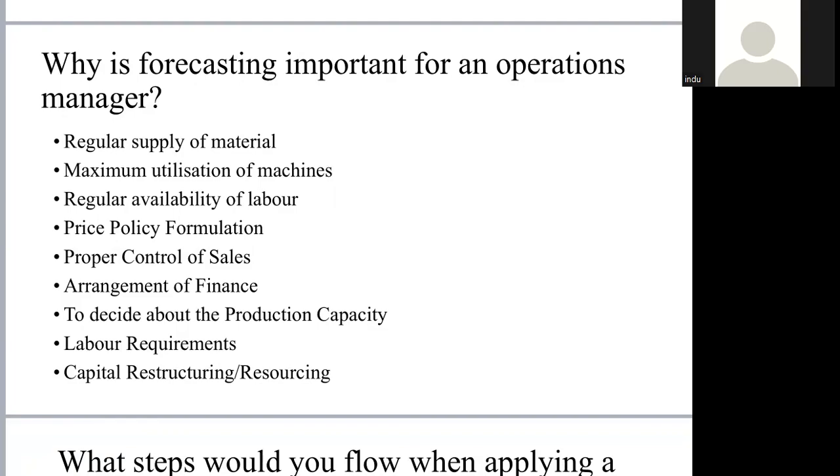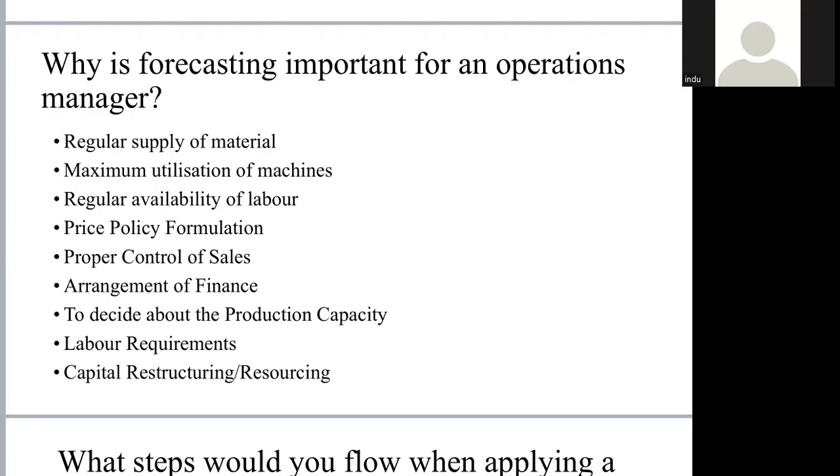So what are the importances? As the first one, we can say forecasting is important for operations managers to determine the regular supply of material.